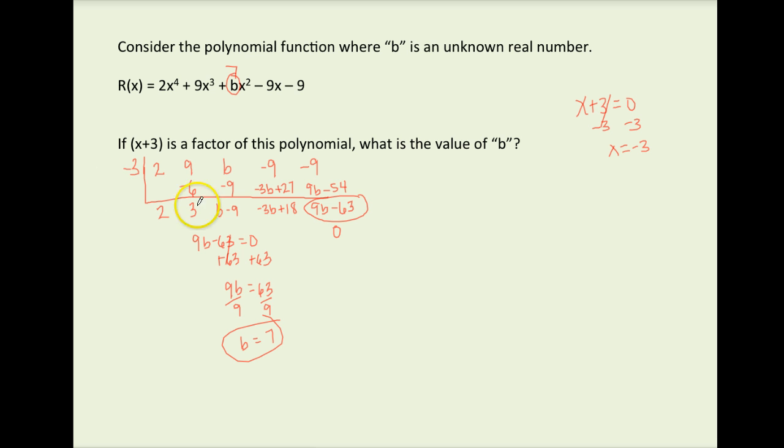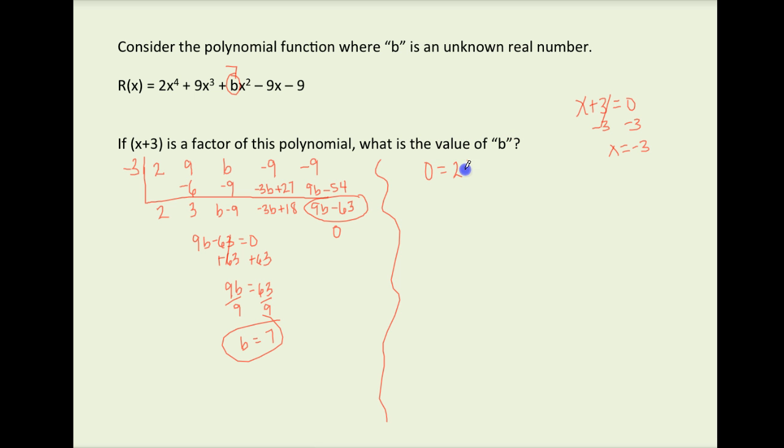Okay, so that's the first method you can use here. You can use synthetic division. The other method you can use is to just substitute this value in. Once again, if this is a factor, we know that it's a solution to this being equal to 0. So we know that 0 equals, and again, if x plus 3 is a factor, you're substituting in -3.